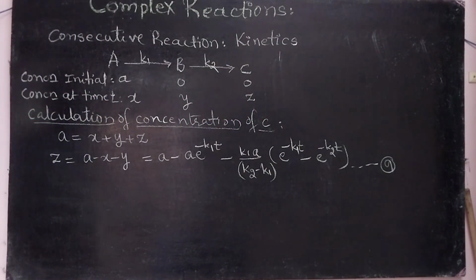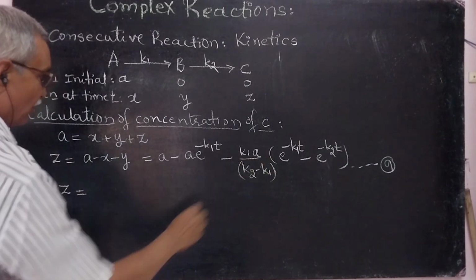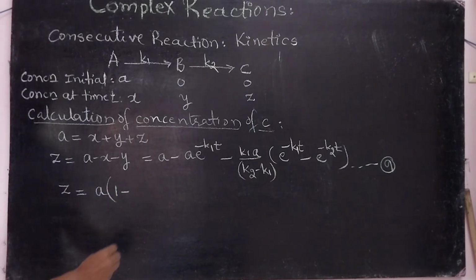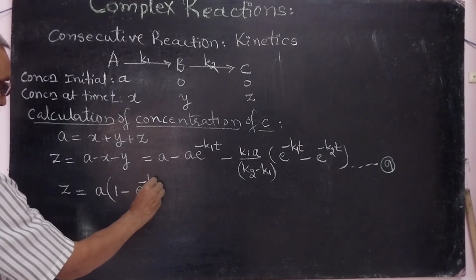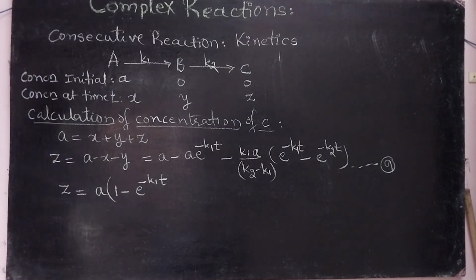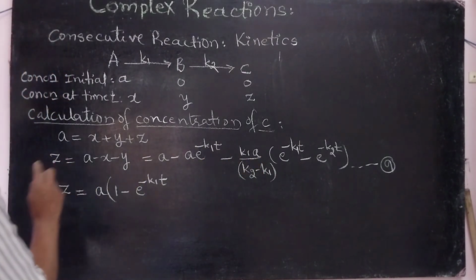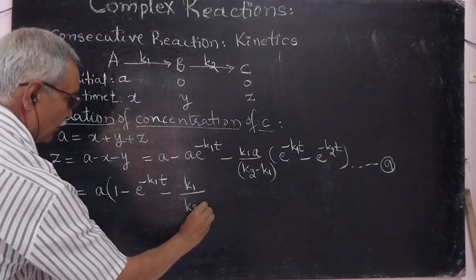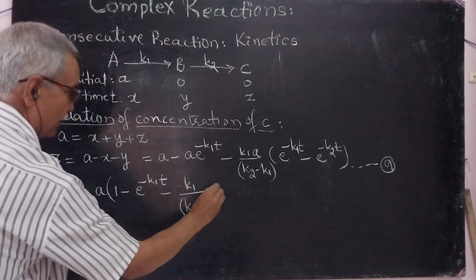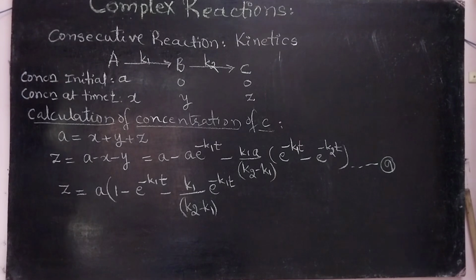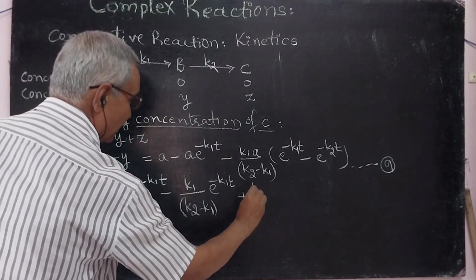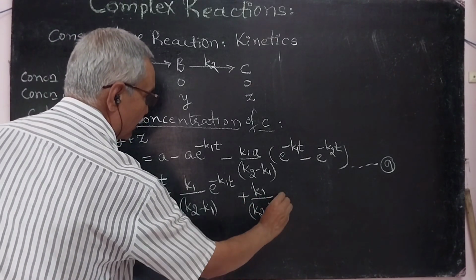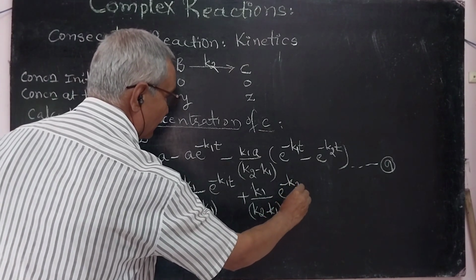We can simplify this. Z equal to, you take A common, A into bracket 1 minus e raised to minus k1t, then taking A common, k1 divided by k2 minus k1 e raised to minus k1t, minus of minus becomes a plus, that is k1 divided by k2 minus k1 e raised to minus k2t.